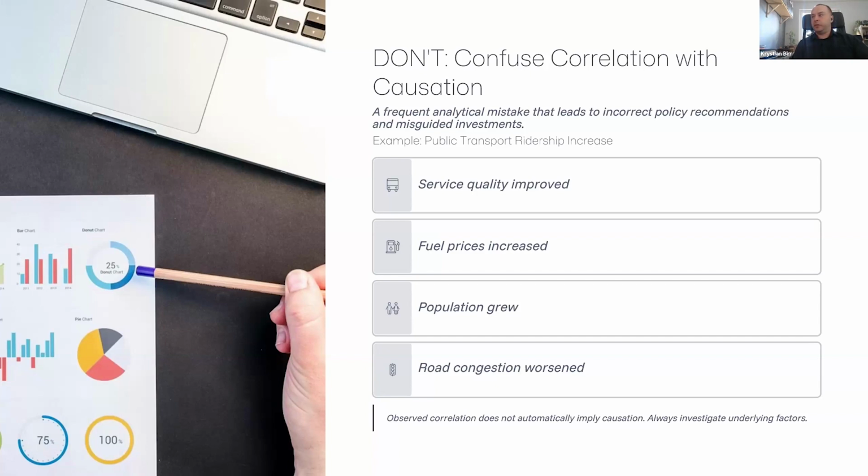Because, for example, like we have on this slide, when we notice an increase in public transport ridership, there could be many reasons for it. It could be service quality improvement, or maybe other things like fuel prices increasing, or the population growing.